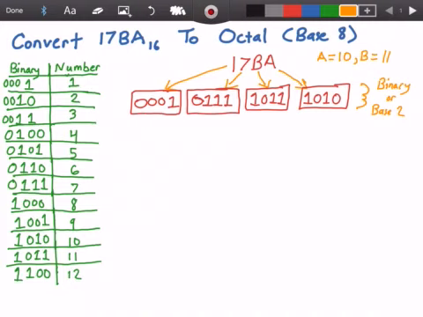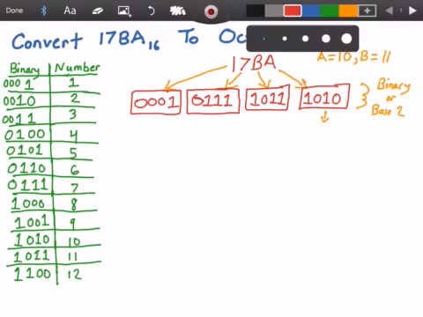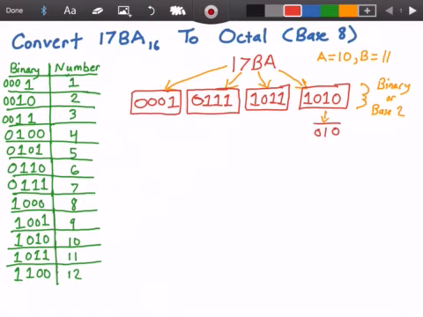Okay. Now what we're going to do is take these digits and make them 3-bit digits instead of 4-bit digits. So let's come down here, and we only want 3 of those bits. So we get 0, 1, 0.